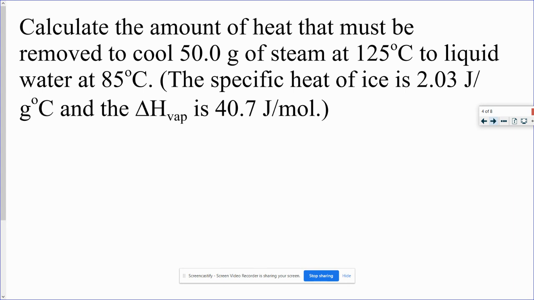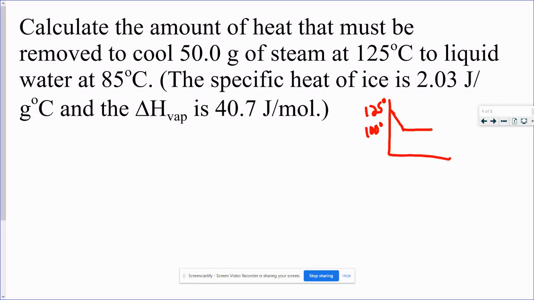All right, so I'm going to take liquid water that's at 85 degrees. Oh no, I'm going to take steam, sorry, that's at 125 degrees. And I'm going to cool that down to the condensation point, which is 100 degrees.